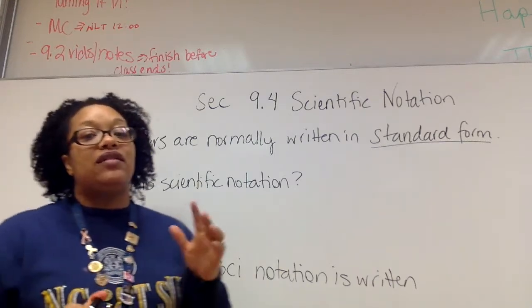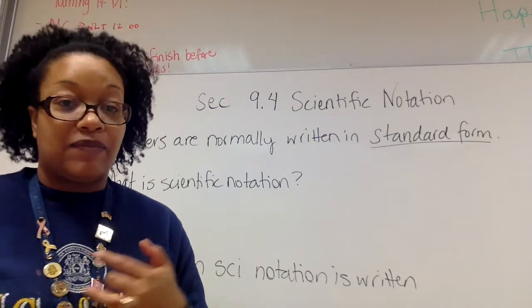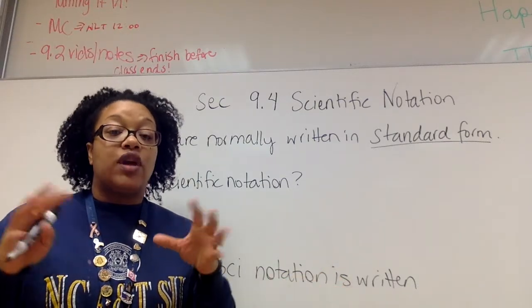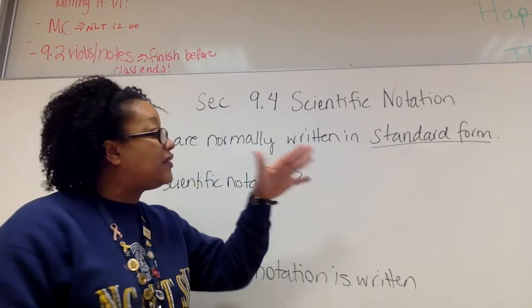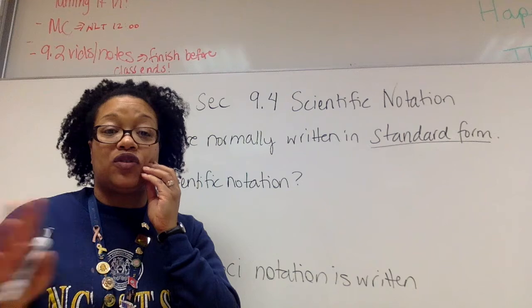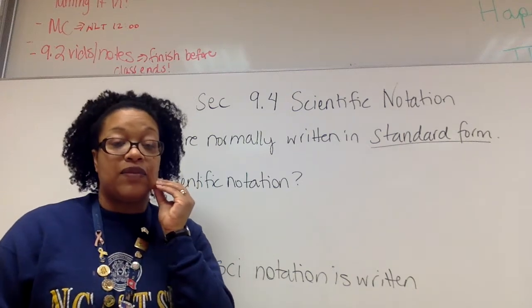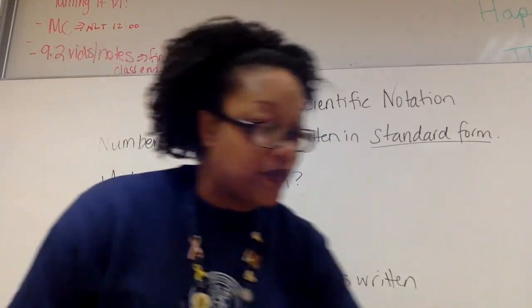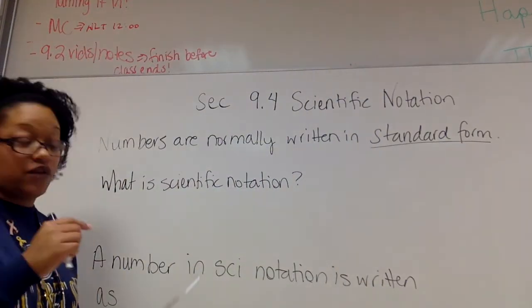However, there's going to be situations, especially in science, when your numbers are so large or so small that standard form isn't really going to help you out. It's going to be too many zeros, too many commas, too many decimal places. So that is why we like to use scientific notation, which leads me to your second sentence on your notes.